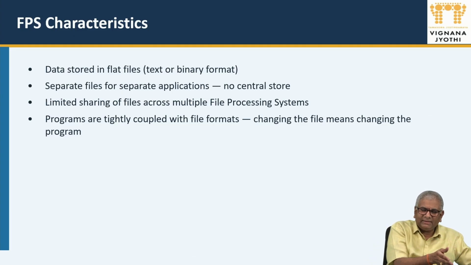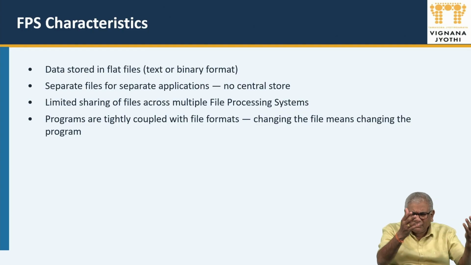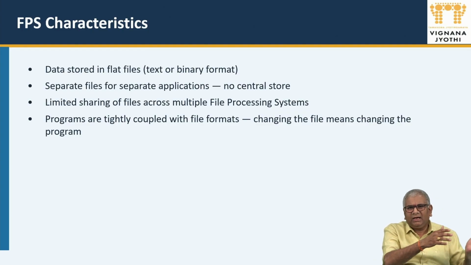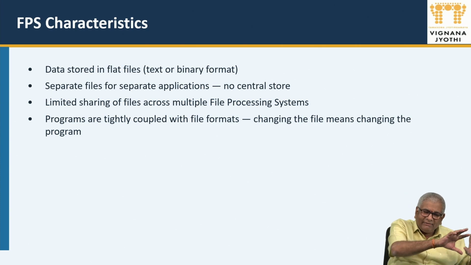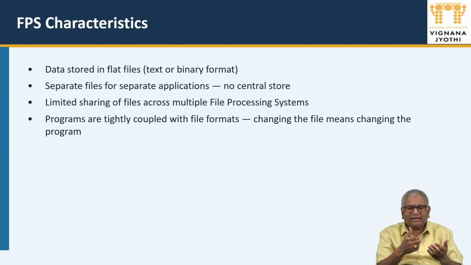The operations department has student information, roll number, and fees details they have paid. The examination department has all these details, but they don't need fee details; they only need examination marks and so on. So everybody maintains their own copy of the original data. That's one of the characteristics of the file processing system.